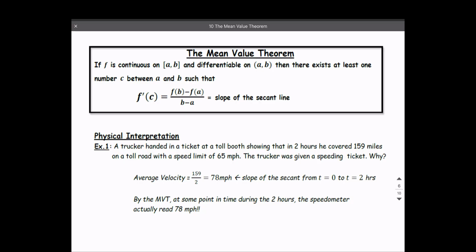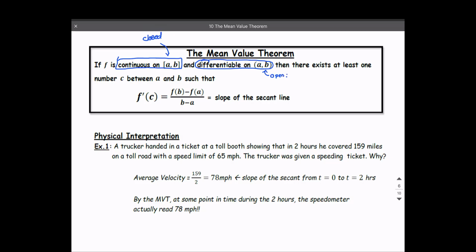So if f of x is continuous on the closed interval from a to b, and differentiable on the open interval from a to b.